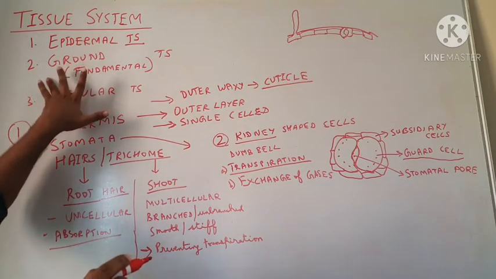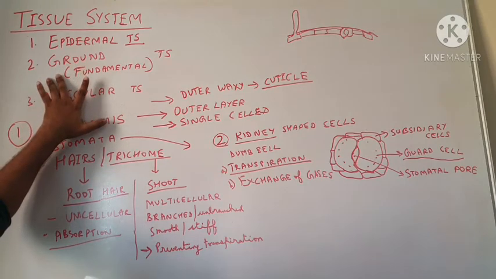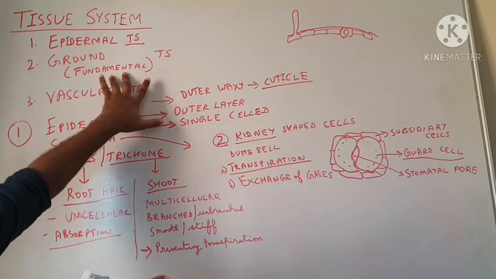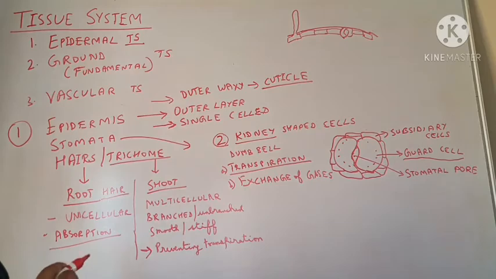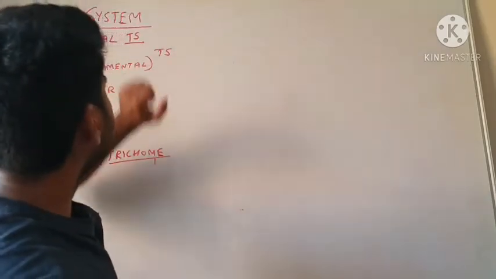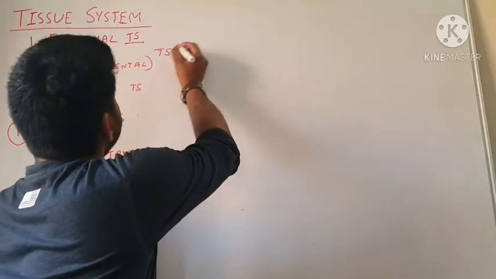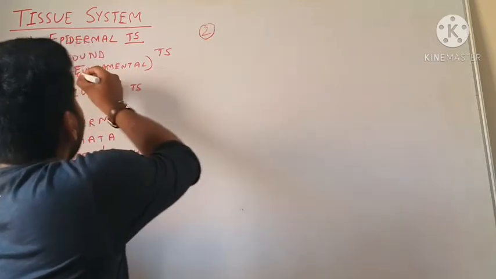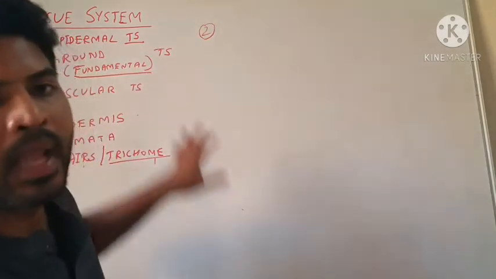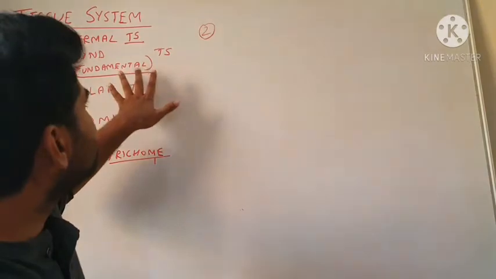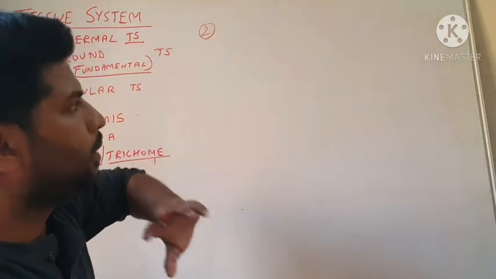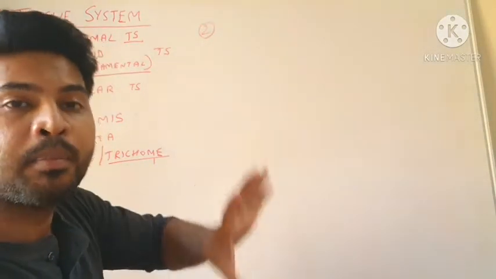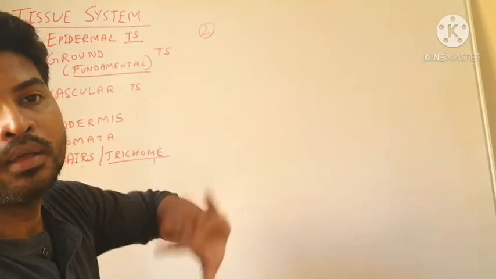The second type of tissue system that we have is the ground tissue system or the fundamental tissue system. As the name suggests, this type of tissue system is present as a major part of all the plants.